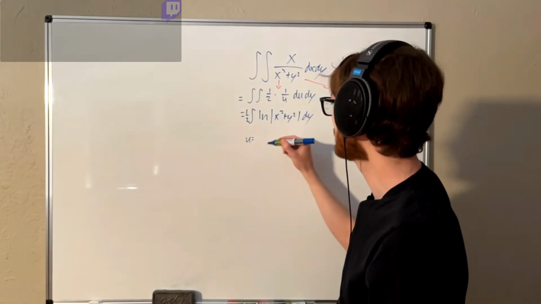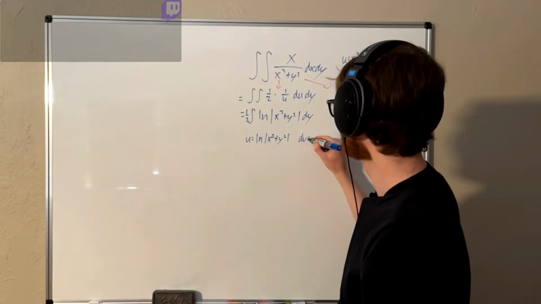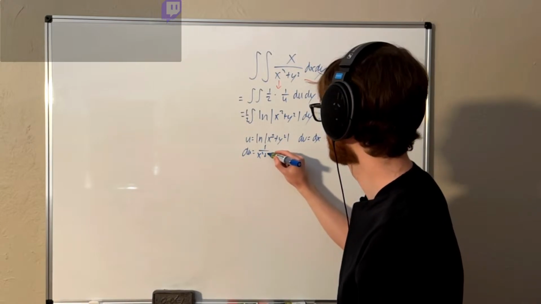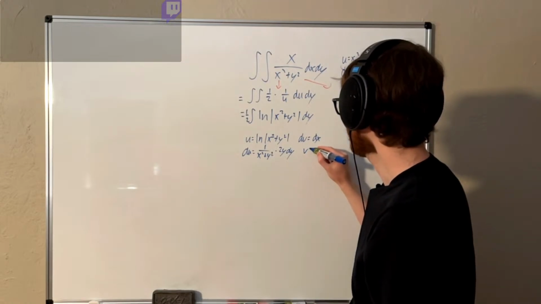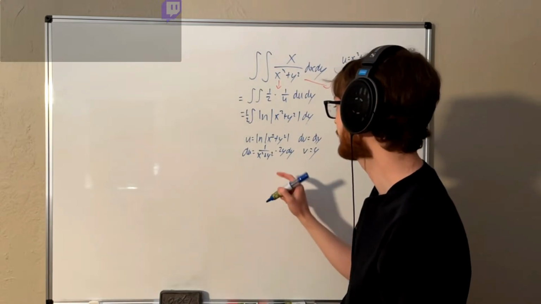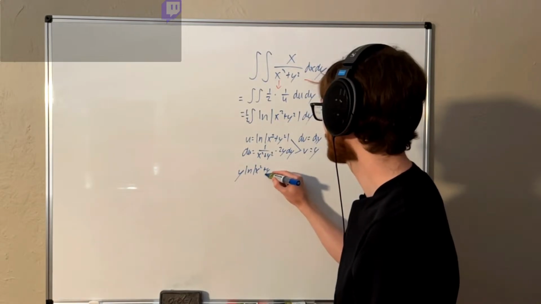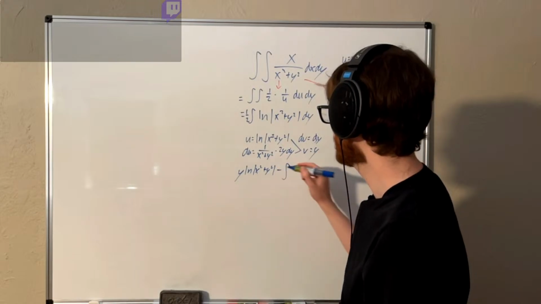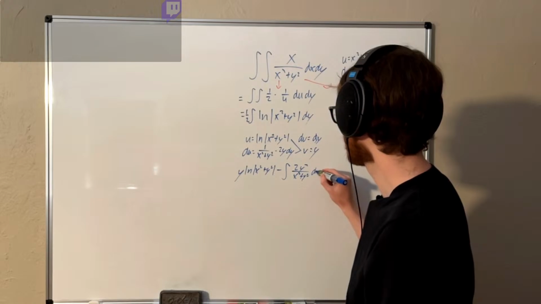So I'm going to take u equal to the complicated thing, dv equal to dx. du is 1 over x squared plus y squared, we care about y, so times 2y dy. Oh, that should be a y there. v equals y. So uv minus integral v du: y ln of x squared plus y squared minus the integral of 2y squared over x squared plus y squared dy.